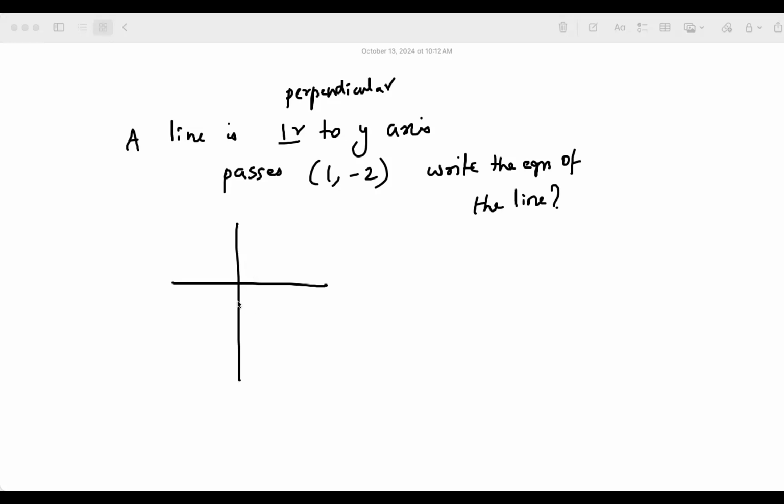1 comma minus 2 means what? This line passes through this. Perpendicular to y-axis means what? The line has to be like this. So it is of the format y equal to or x equal to, Nabiha?